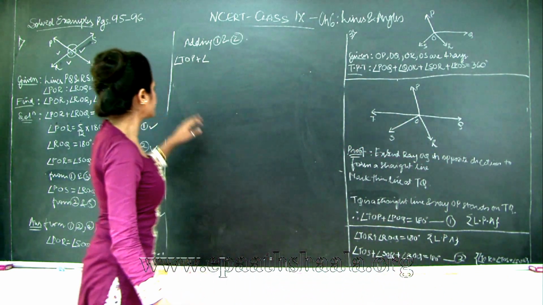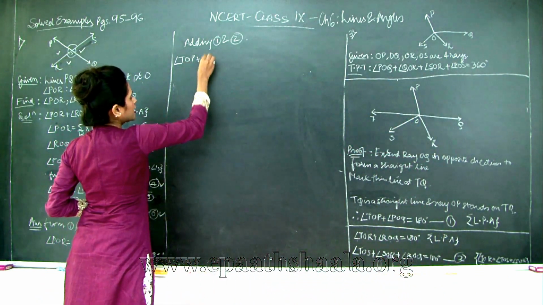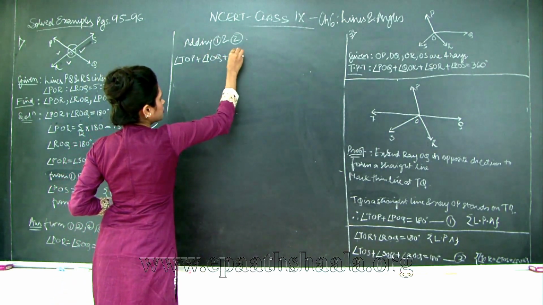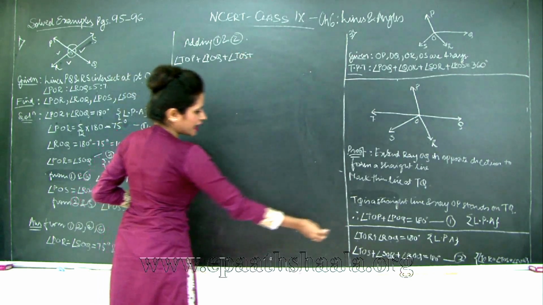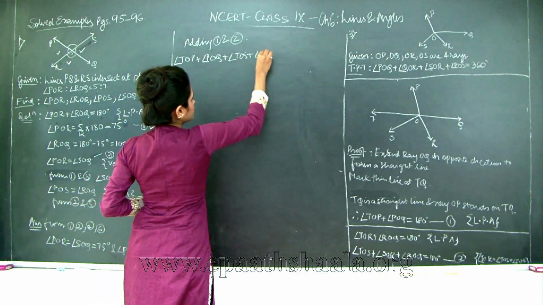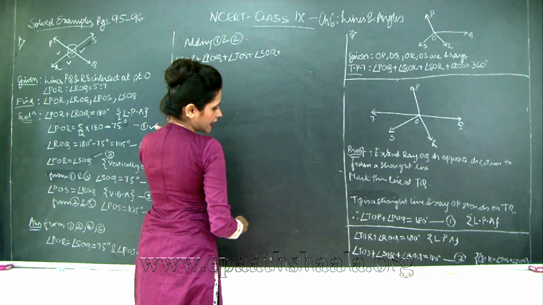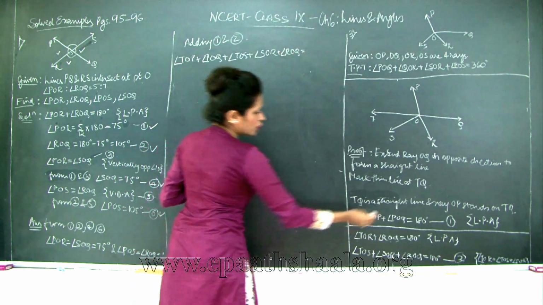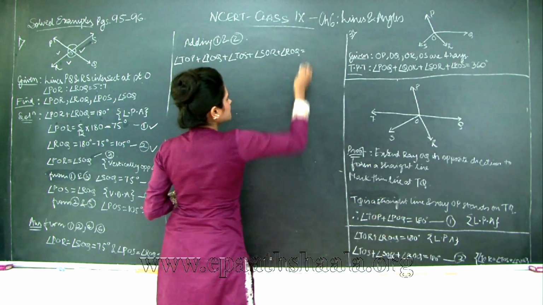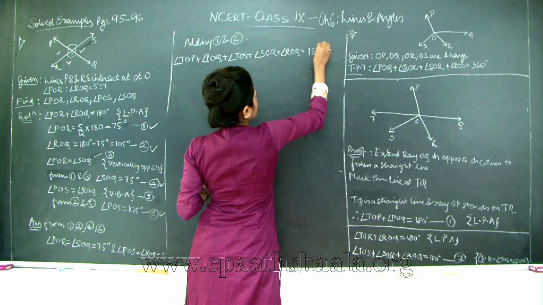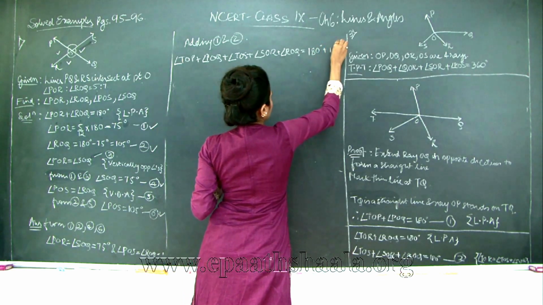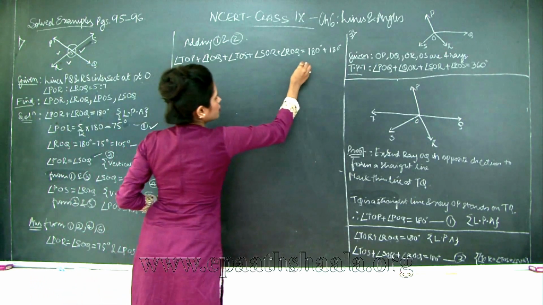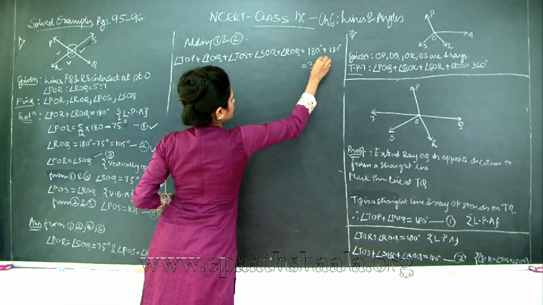Through adjacent angles. So, angle TOP plus angle POQ plus angle TOS plus angle SOR plus angle ROQ is equal to 180 degrees plus 180 degrees. So, this is going to be equal to 360 degrees.